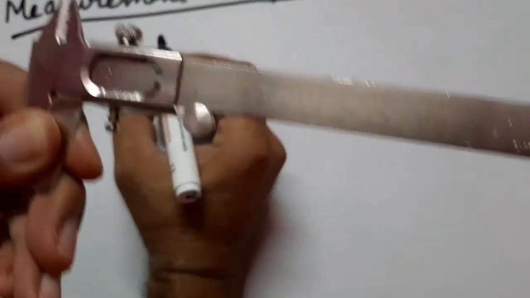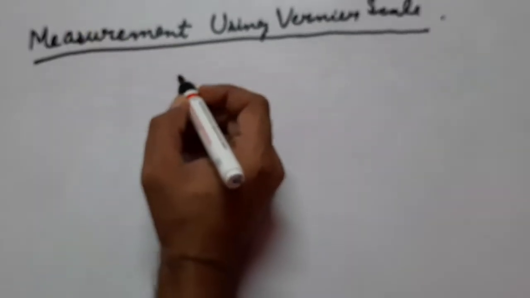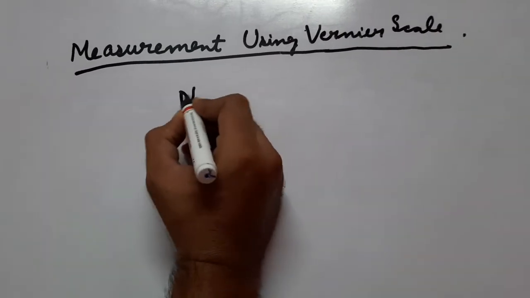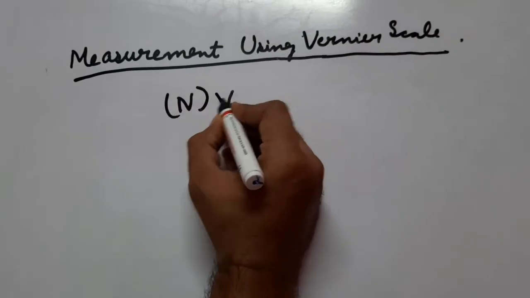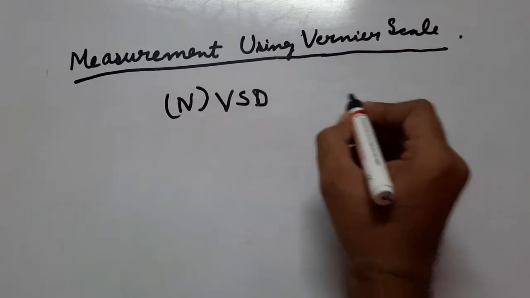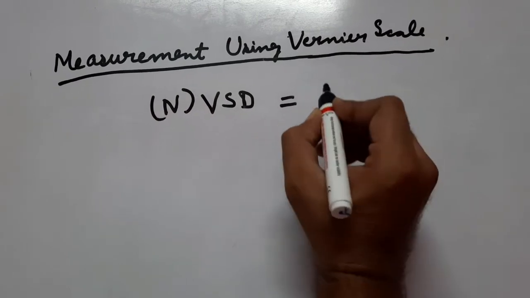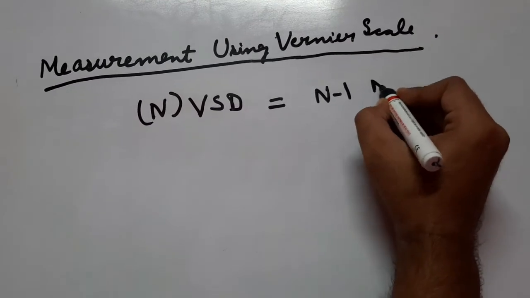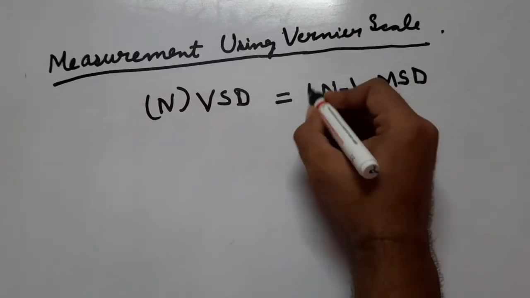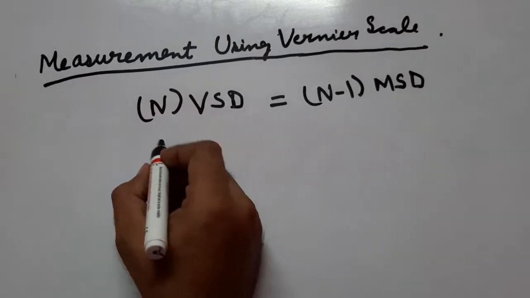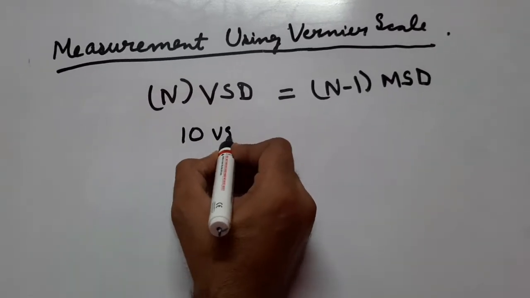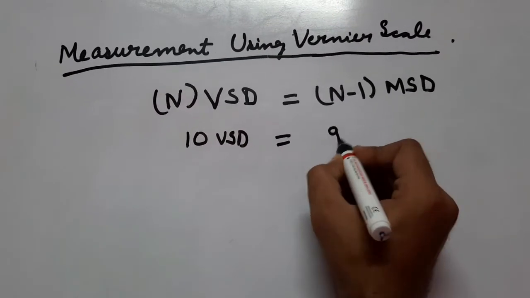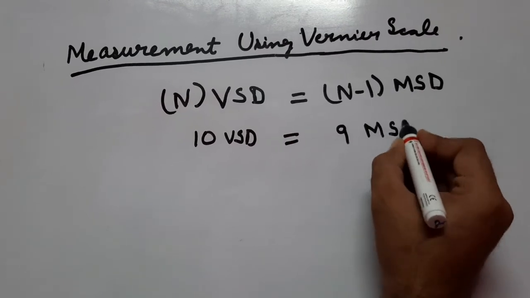Okay, so we can write like this: nth vernier scale division is equal to n minus 1 main scale division, right? Like here, the 10th division on the vernier scale was coinciding with the 9th division of the main scale.